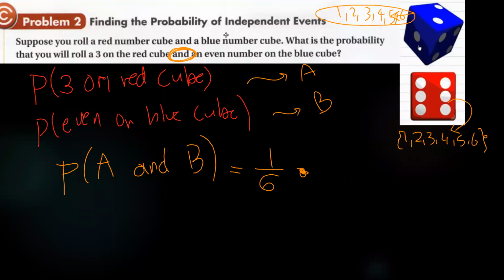They are 3 over 6. We have 3 numbers, so I will write it as 3 over 6. Then when you want to multiply, don't forget, in multiplication, you have to multiply both the numerators and the denominators. It's 3 over 36.